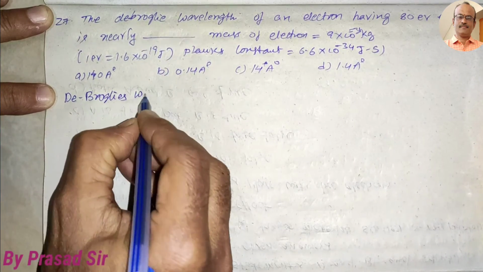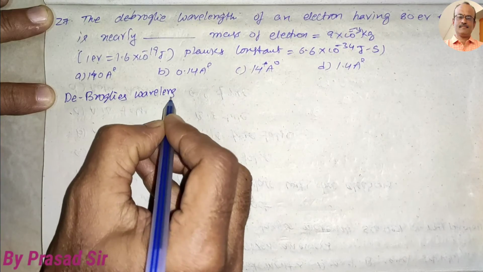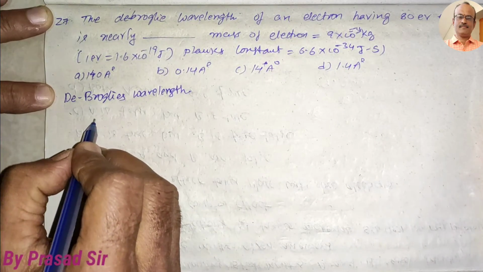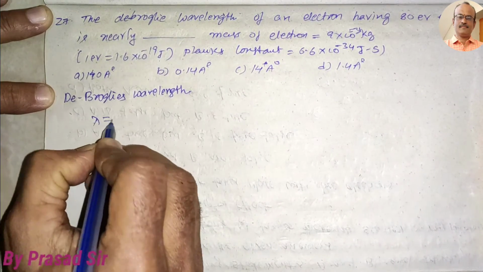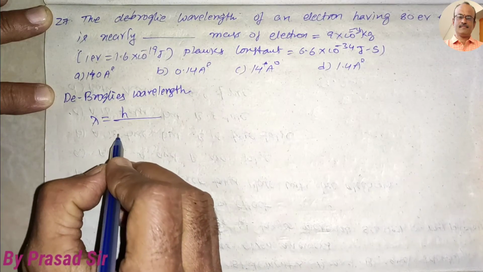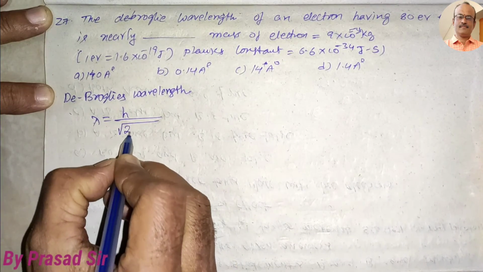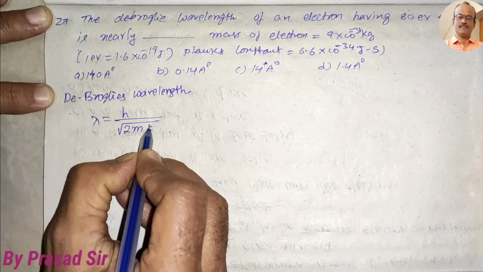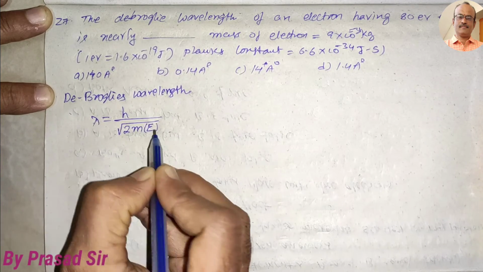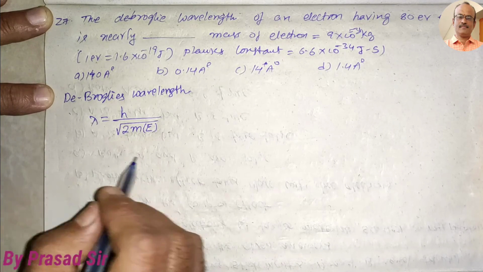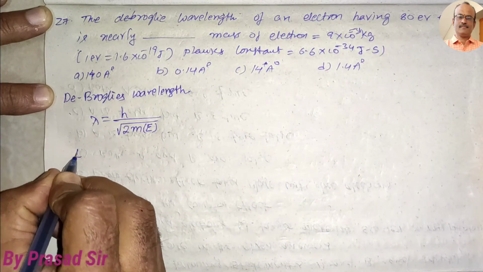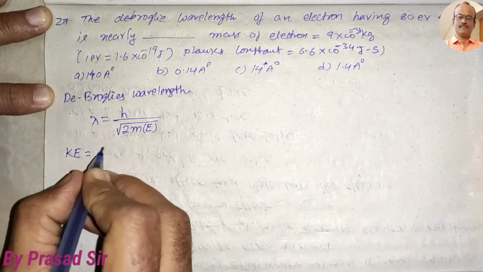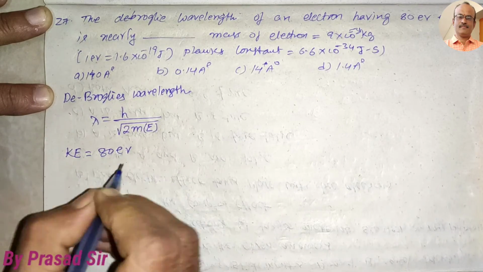The de Broglie wavelength equation is lambda is equal to h divided by square root of 2m times E, where energy E is the kinetic energy. First, the given energy, that is kinetic energy, is equal to 80 electron volt.